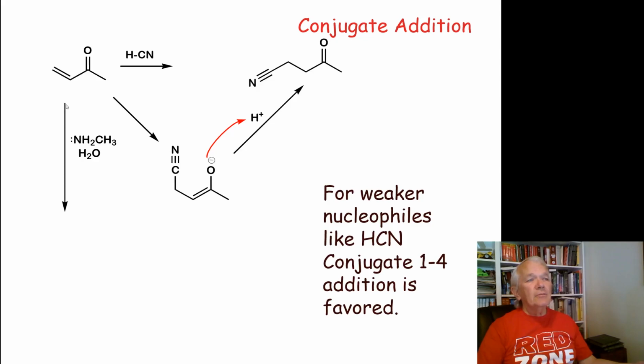Here's another example, a simple amine. Amines are good nucleophiles, but again, they're not that reactive. You think of an amine as a base, but it's not nearly as strong a base as the methyl of methyl lithium. So this is a much poorer nucleophile than a lithium reagent. And again, it'll do a very nice conjugate addition.